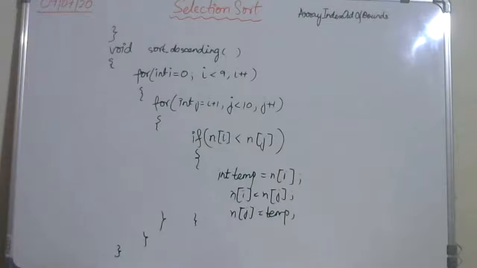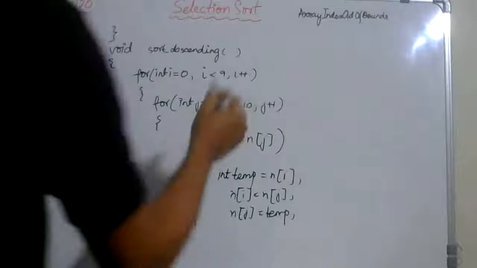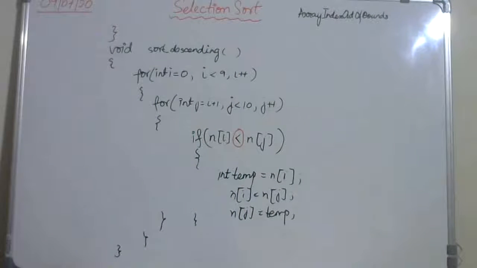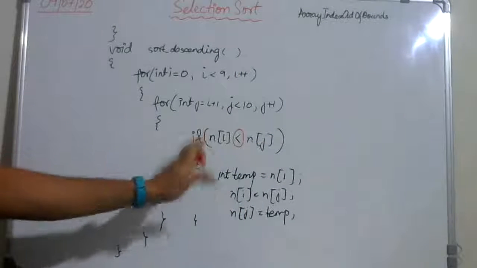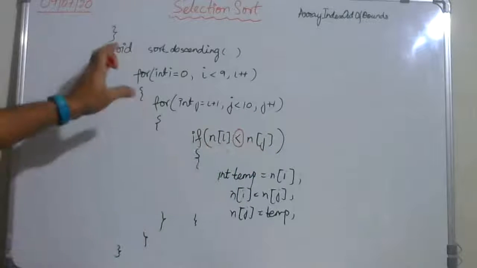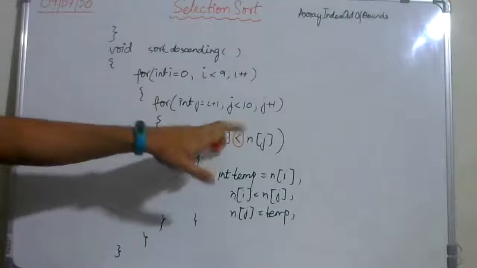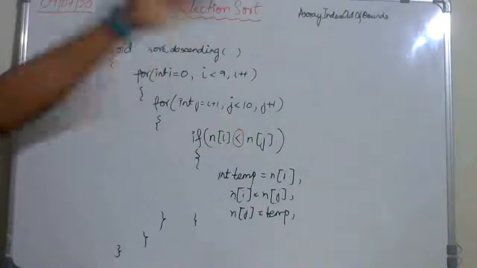So if you can write down the sort ascending function, the sort descending function is pretty easy. You just need to change this particular sign. This particular sign makes all the difference. If n of i is greater than n of j, then it is sorting in ascending order. And if it is less than n of j, it is sorting in descending order.